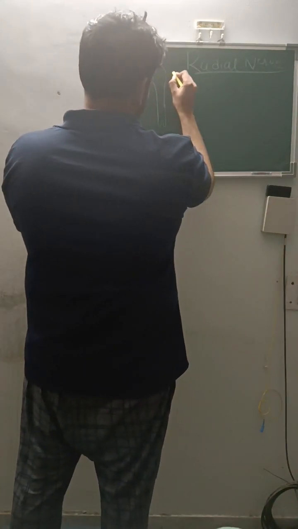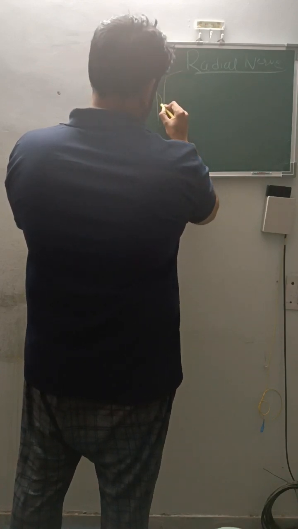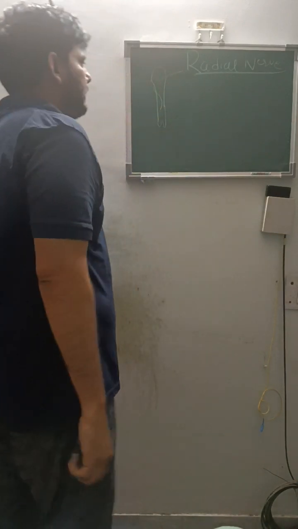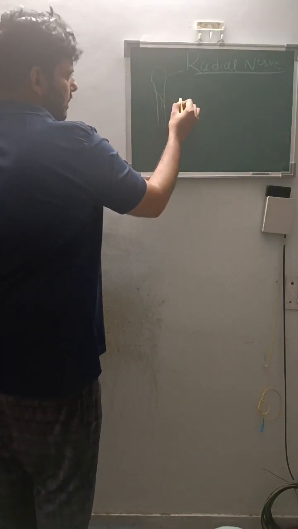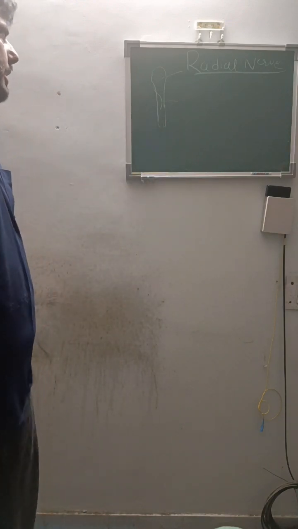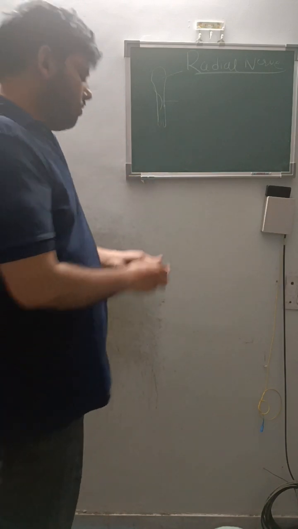It comes like this, then comes to the front, and this is your spiral groove, and then in front of the lateral epicondyle of the humerus.